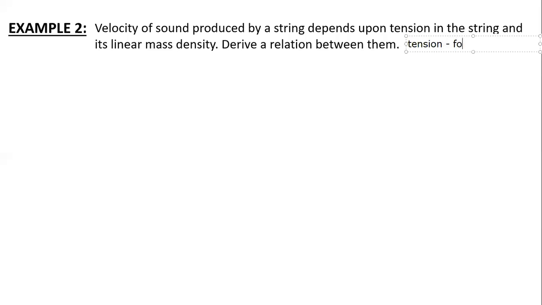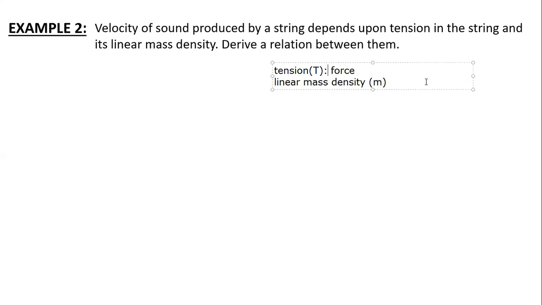Tension means force. And linear mass density we represent as small m. I'm just giving the meaning of it. And the tension will be represented as capital T for your simplification.